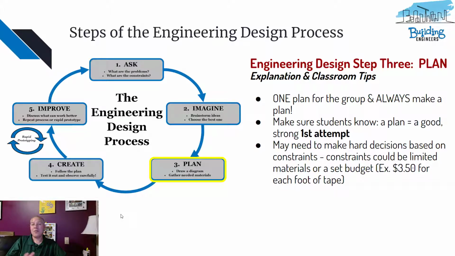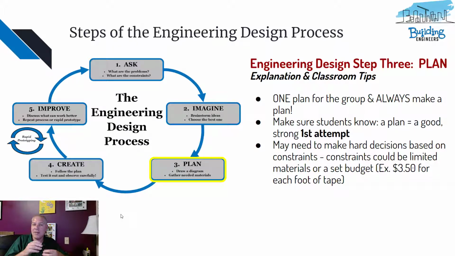This is a spot where they can sometimes need to make some hard decisions based on the constraints. For example, a constraint could be a limited amount of materials or a set budget. As they're planning, they have to determine where to put those items, how to build those constraints into it. As students do this often, you'll see students getting really good at managing this piece of it.